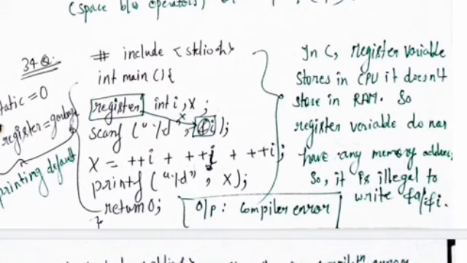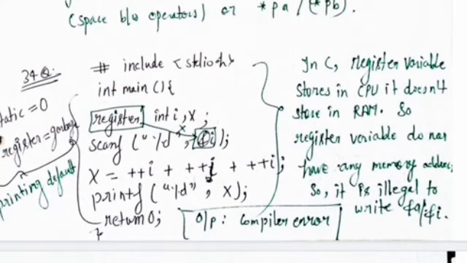Question number 34. Here the line of code is given like that. Int main, register int i, x, scan the value of address of i, x equal to ++i plus ++i plus ++i, print the value of x and return. What will be the output of the program? Firstly we analyze the right expression and right declaration of the variable.